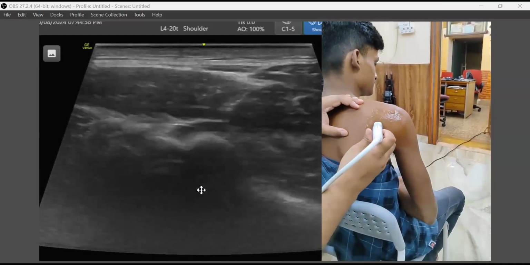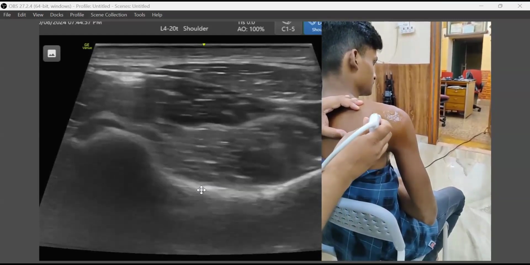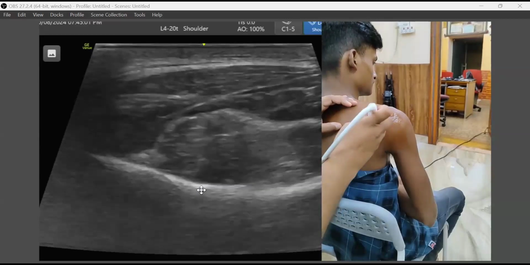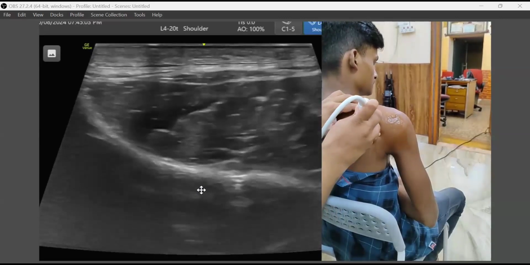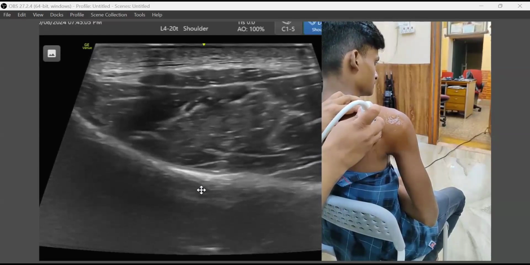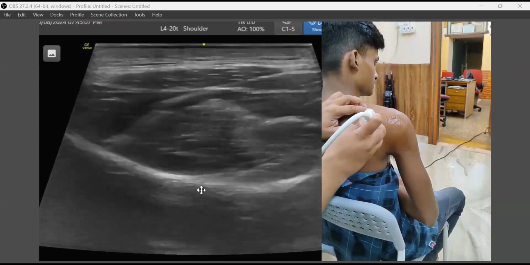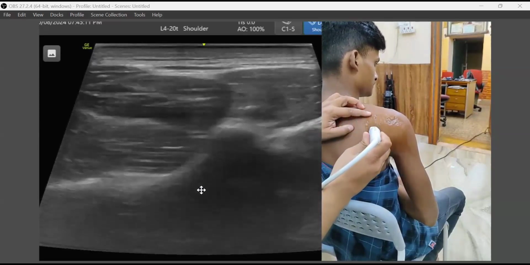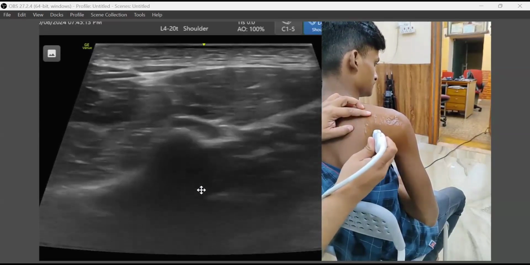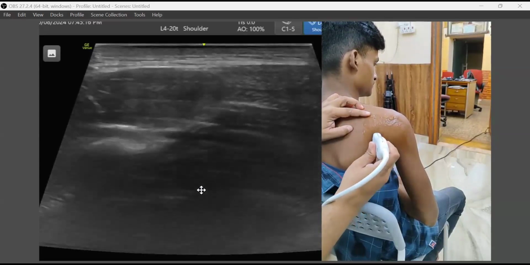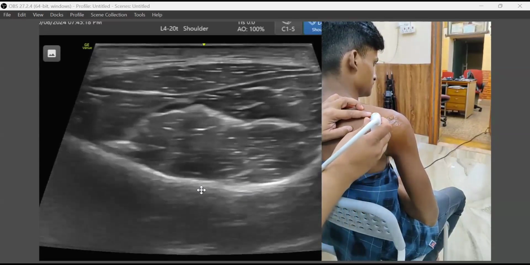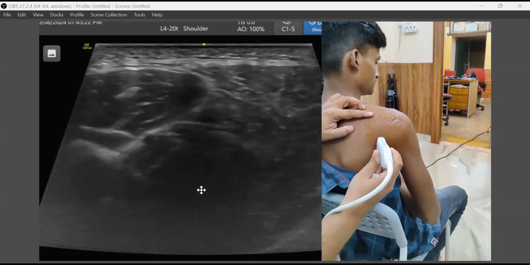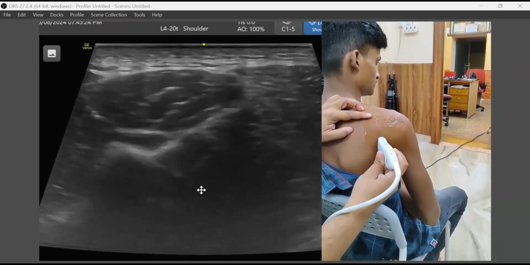Otherwise, it will be difficult. So right now, that's why it is a problem occurring, because now it is the correct orientation. So here we can see first the infraspinatus, then the teres minor, then we have the teres major. Clear? So left side is superior, right side is inferior. Okay. In the meanwhile, I changed it and we lost the orientation. That's why the problem occurred.